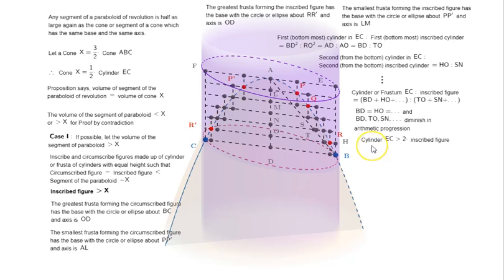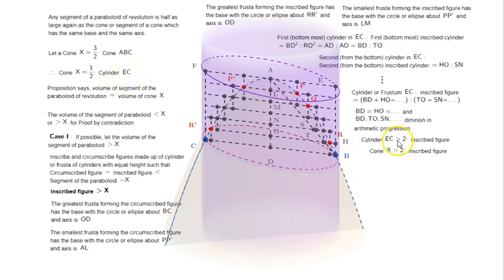So from the lemma of proposition 1 that comes before it, we can say cylinder EC is greater than 2 times the inscribed figure, which means cone X is greater than 2 times the inscribed figure, because cone X is equal to half the cylinder EC.